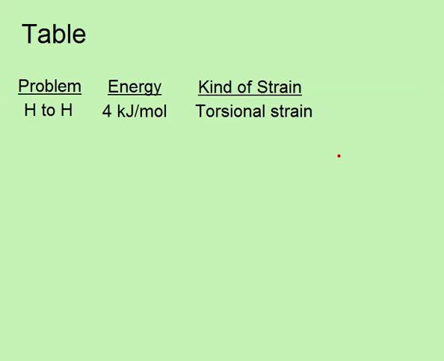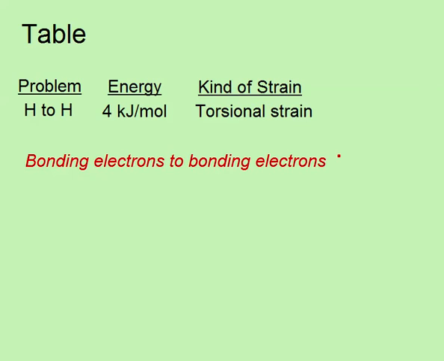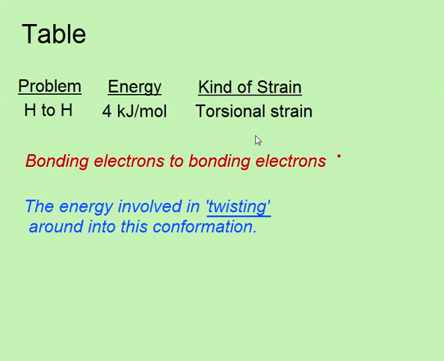And it's because we have bonding electrons from one CH bond getting too close for comfort to the bonding electrons in the second CH bond on the second carbon. And this strain energy is what we sometimes refer to as torsional strain, because for the carbon to carbon bond to twist into this conformation, it's causing this kind of strain energy.